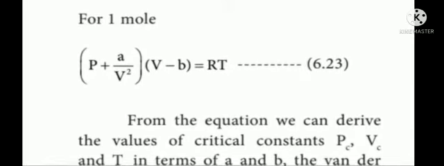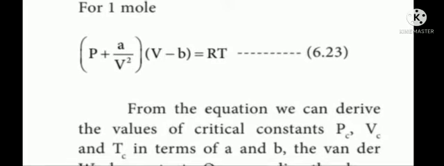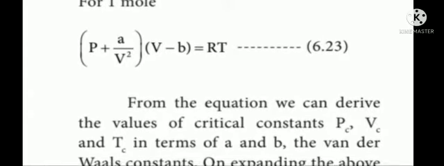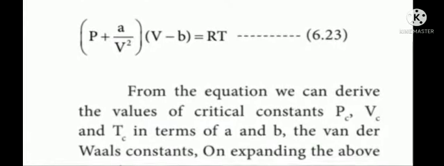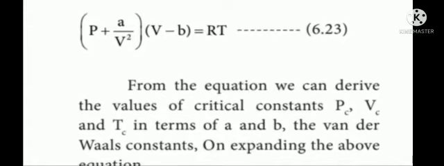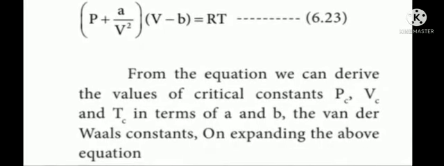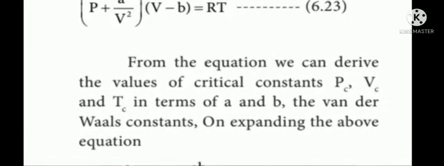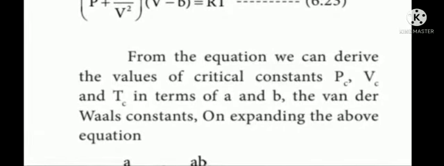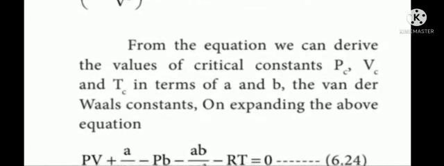Already we know that Pc, Vc and Tc are critical constants, whereas a and b are van der Waals constants. On expanding equation 6.23, we will get PV + a/V - Pb - ab/V² - RT = 0.